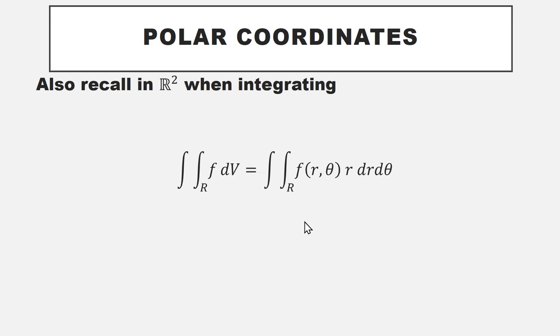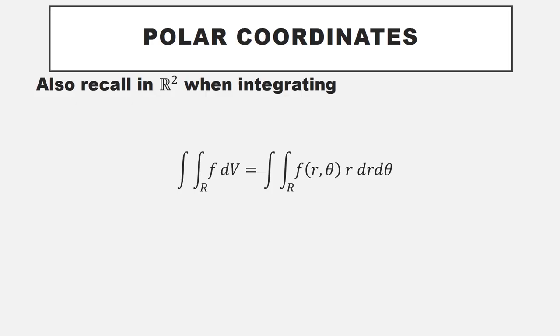The other thing we saw when we switched from integrating with rectangular to integrating with polar coordinates over a region in the xy plane. Well, if we just did rectangular, we could do dx dy. But when we do polar, we have to put in this additional r.